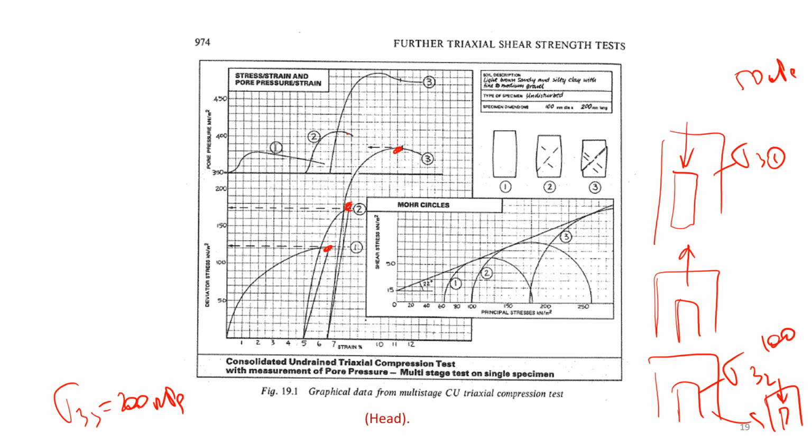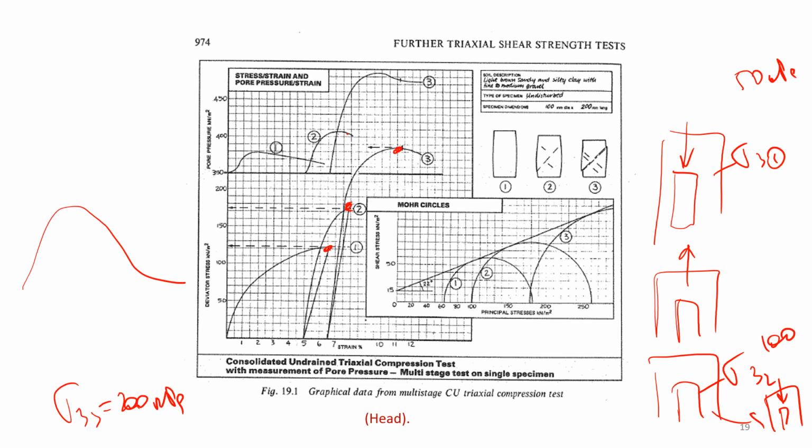But again, the main point here is how you're going to pick your criteria to stop a specific stage, because you have only one specimen. If you shear too far, for example in the first stage, you're done. So in stages B and C, you can get only residual strength, c and phi, not peak.